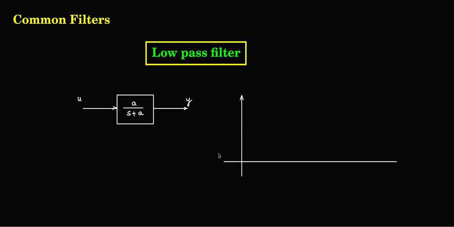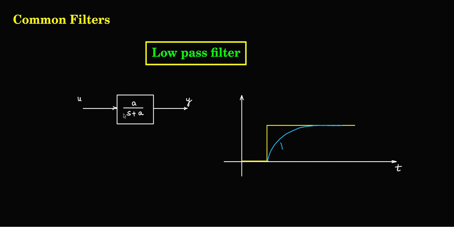let us plot the input and the output. This is with respect to t. So the input, let me give a step input, and the output y takes this kind of a shape. The transients are suppressed, so higher frequencies are suppressed, and you will see that it gradually reaches the steady state.